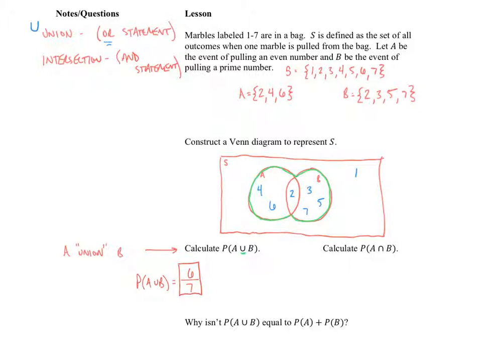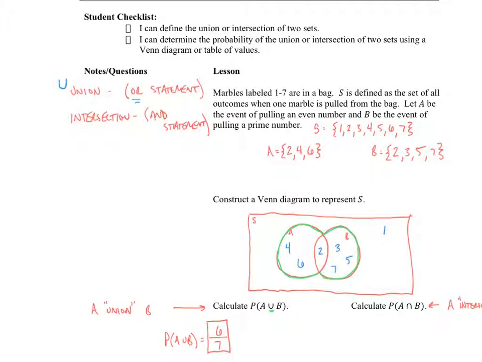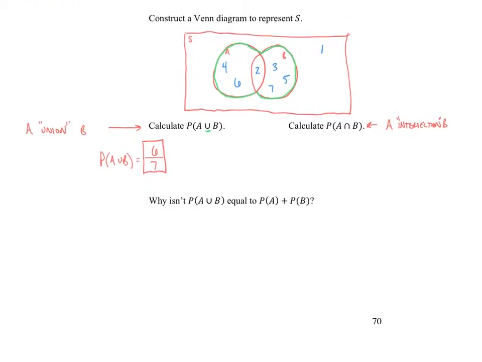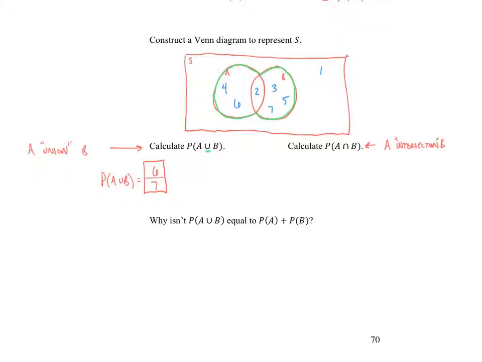Okay, now let's do the same thing with what we've got over here. This actually says A intersection B. And as we defined above, intersections are just AND statements. So I'm going to make sure that I write down what my symbol would be for an intersection, to remind myself in the future. So the question that's really being asked here is, what is the probability of picking an element of set A and of set B?